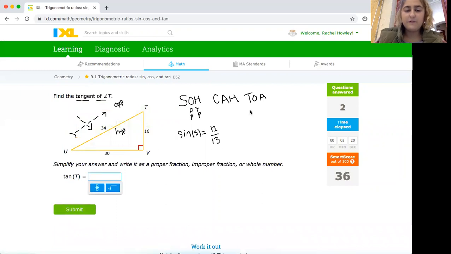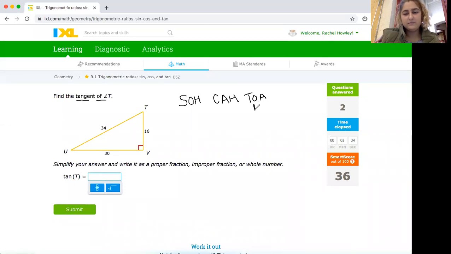So now we're looking for the tangent of angle T. And so if I'm looking for the tangent, I'm looking for the opposite over the adjacent. Angle T, opposite is always across from the angle. So that's where I get that 30 from.